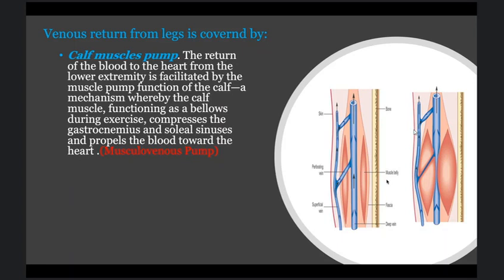So we have hydrostatic pressure, which is kept normal by normal functioning valves, and we have the dynamic pressure, which is kept normal by the calf muscles.